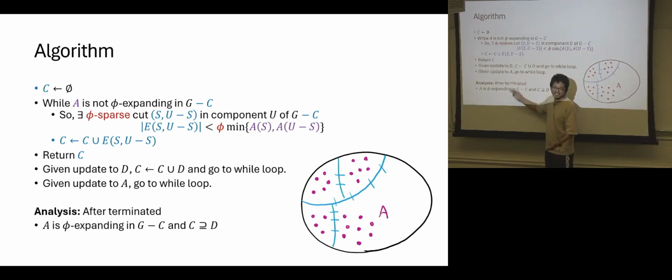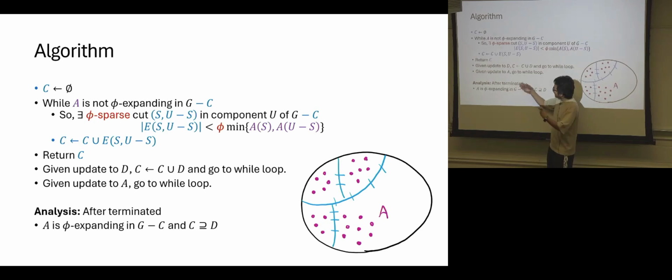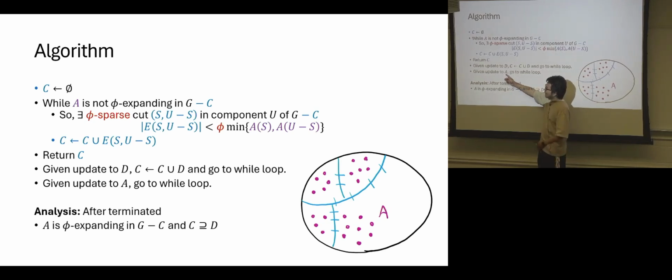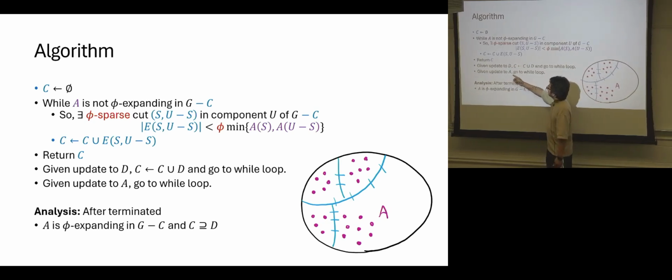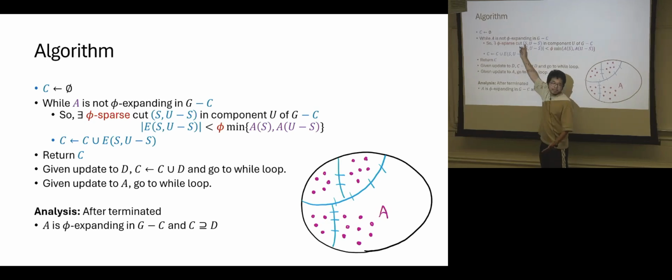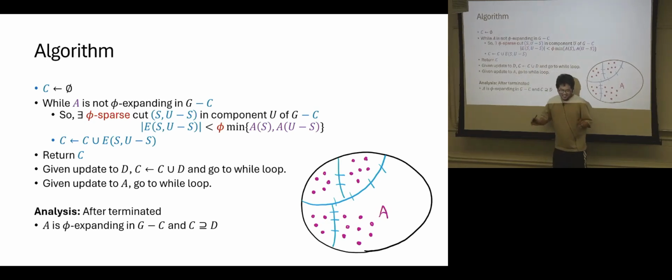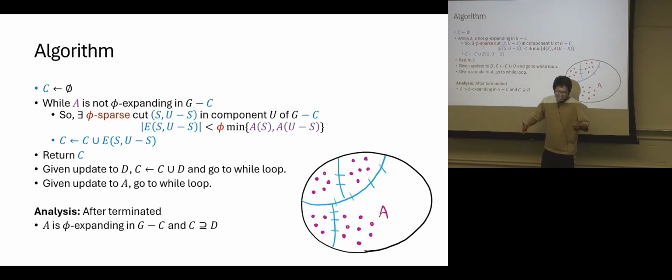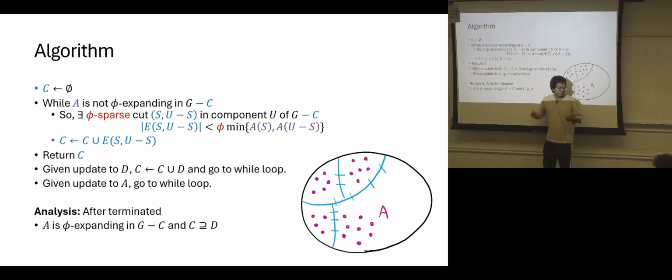Similar for A: if A is updated, then just update it and check for the new sparse cut. So whatever happened, just check if there is a new sparse cut, cut it, and continue.